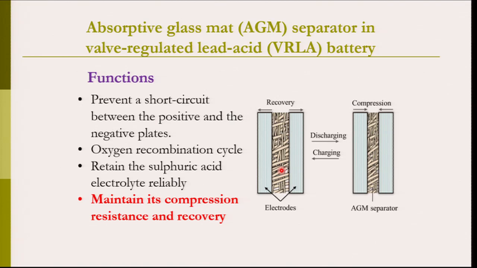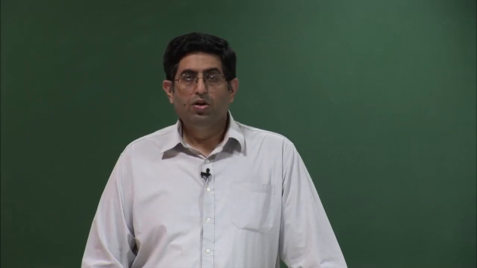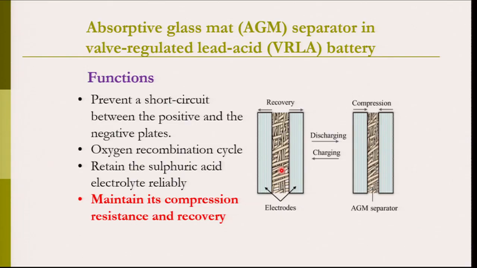Specifically, the other component of compression is recovery, because if the full recovery of the AGM separator does not happen, there is a loss of contact between the plates and the AGM separator.